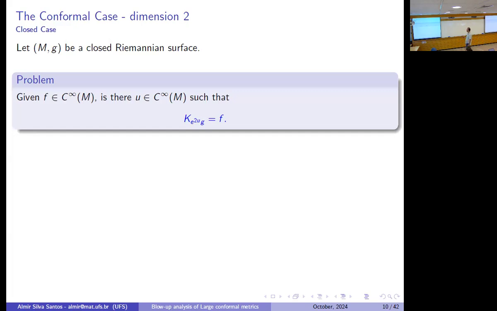So the problem in the conformal case is this one. We fix the metric g and ask for some function such that the new conformal metric has f as the Gaussian curvature.